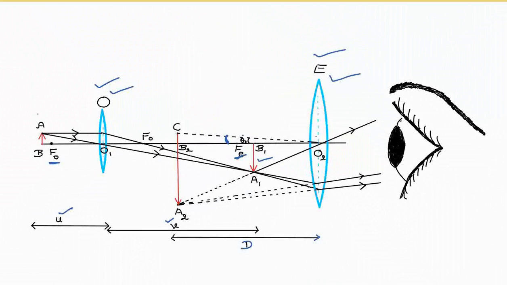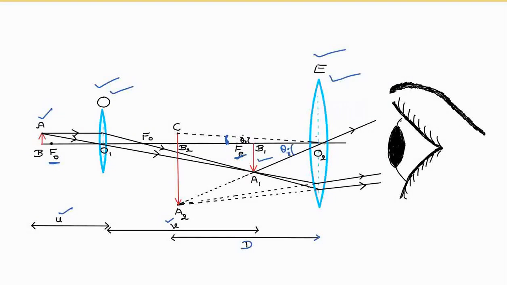Actually, the object is placed here at this point B, or AB is the object. But if we place the object at this point B2, that is at the least distance of distinct vision, then this angle theta O is the angle made by the object. And theta I is the angle made by the final image B2A2 at the eye.